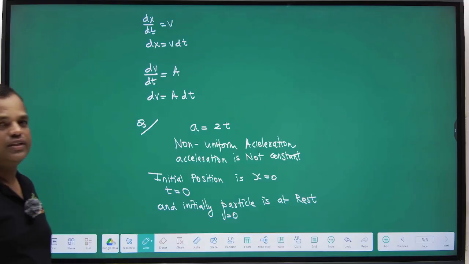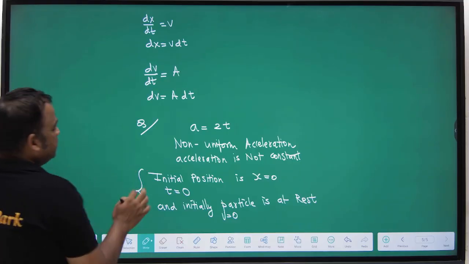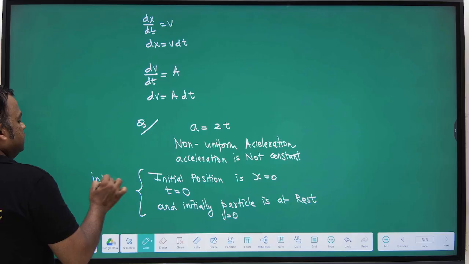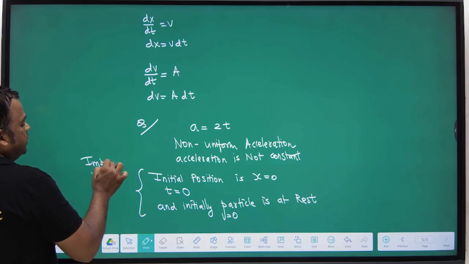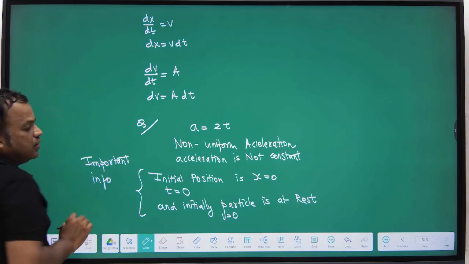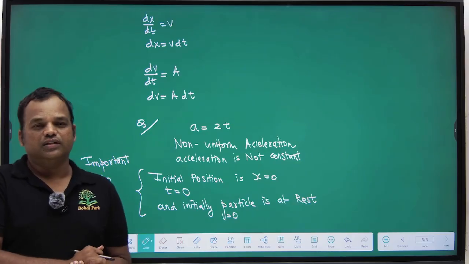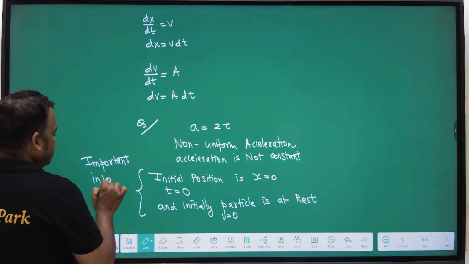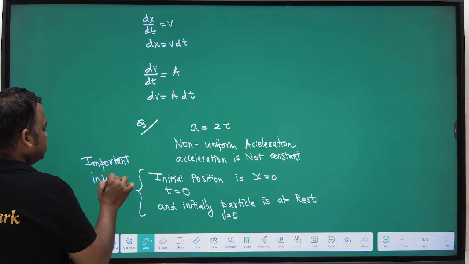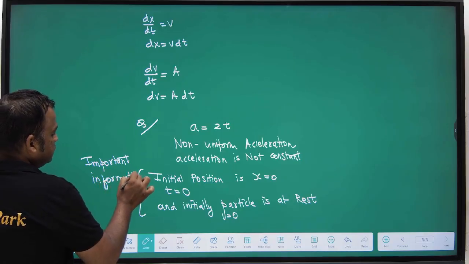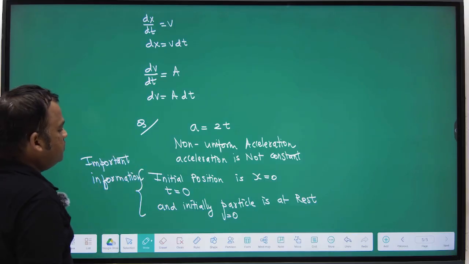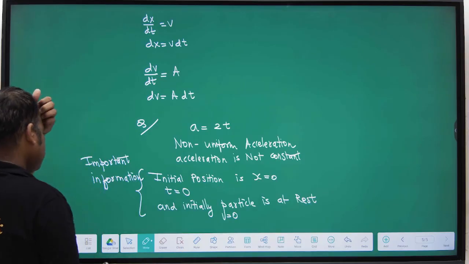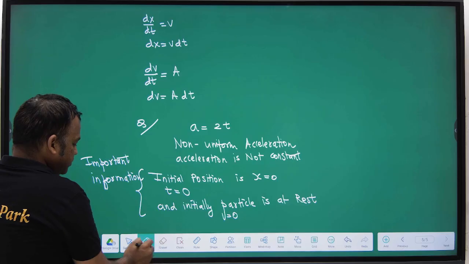This is the information given in the question. So we have to be careful about this type of information. This is important information. The question is full of information. So we have to read line by line what information is given in the question. Find displacement in first 2 seconds. That is the question here.